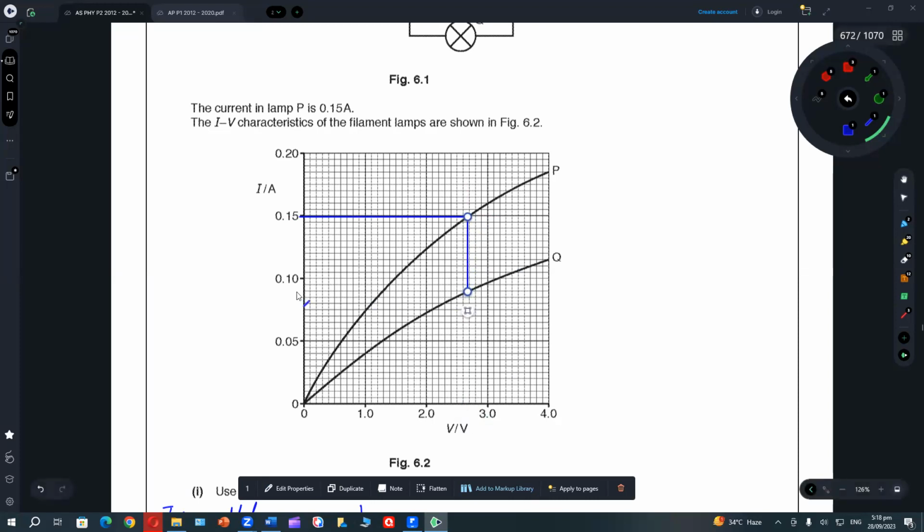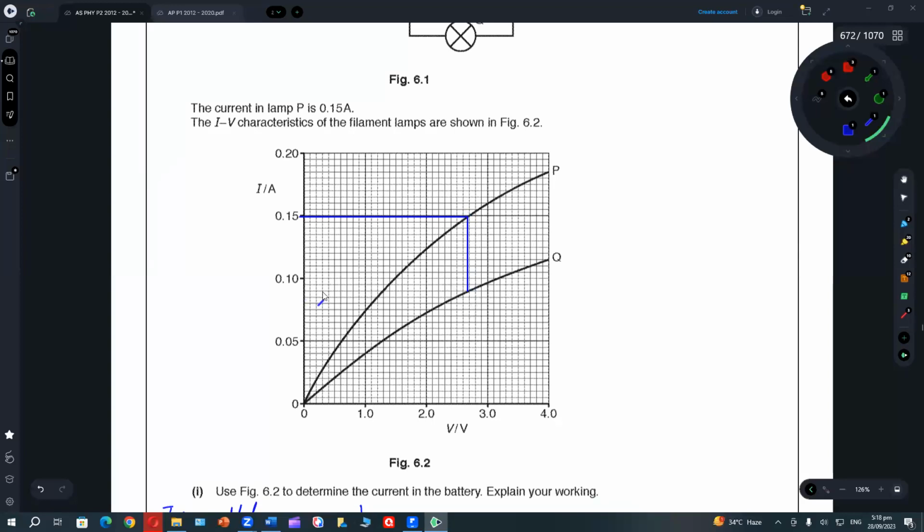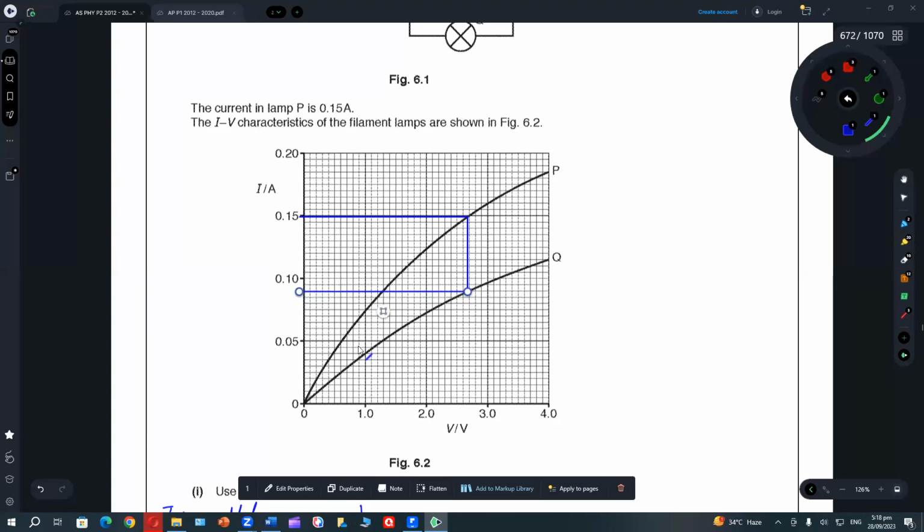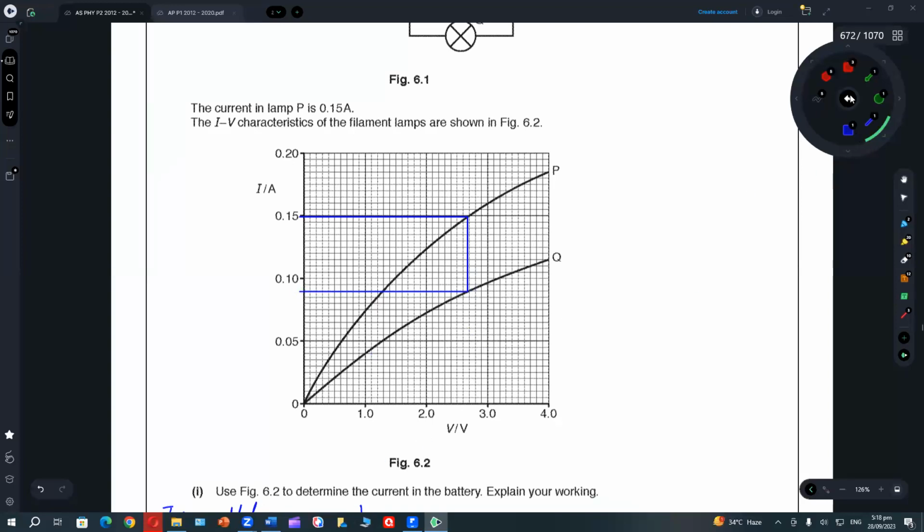I have read it for P and now I'm reading it for Q. It's 0.09. So 0.09 and 0.15. Now there are two currents.